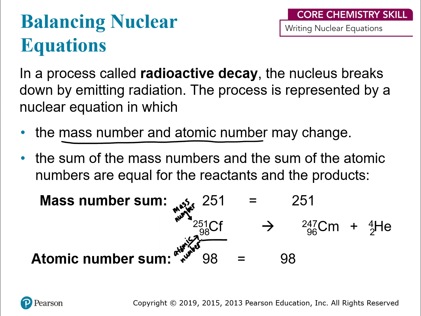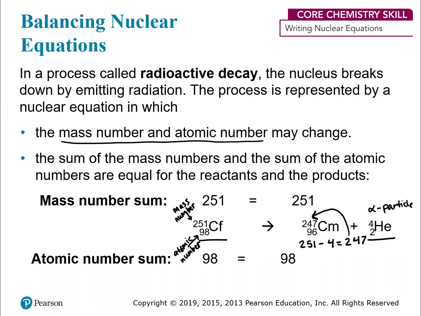When this element undergoes radioactive decay, it emits an alpha particle, which is just a particle of helium. Knowing that an alpha particle means helium and that the mass number of that is 4 and the atomic number is 2, you can take 251, subtract 4, and that gives you a new mass number of 247, which is what you see here.